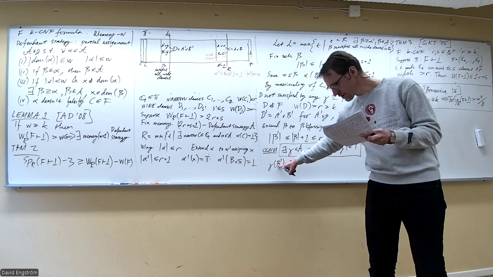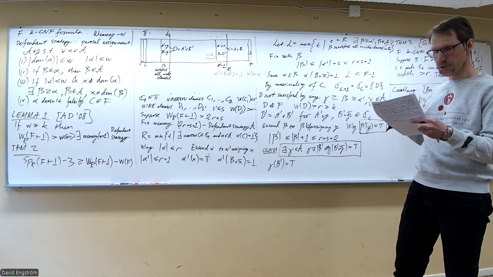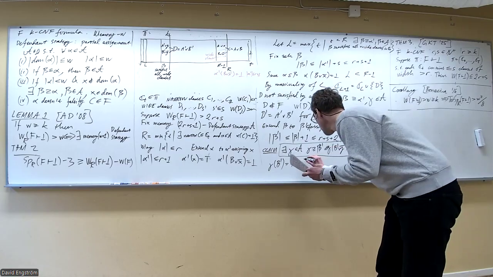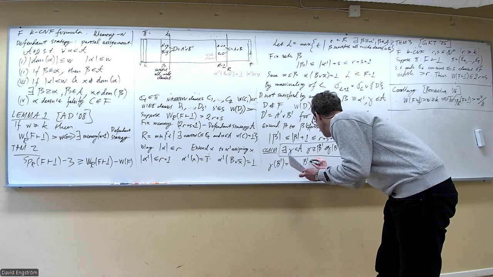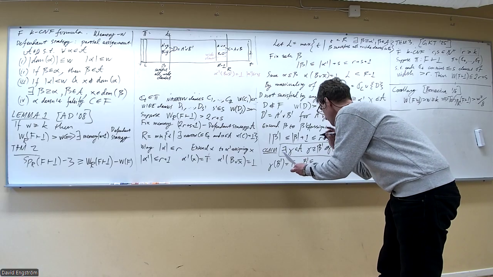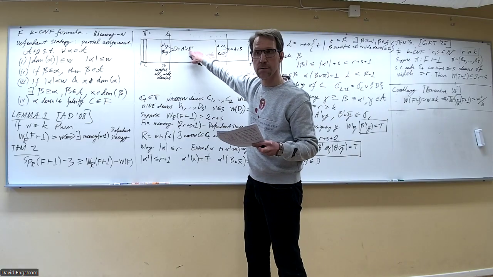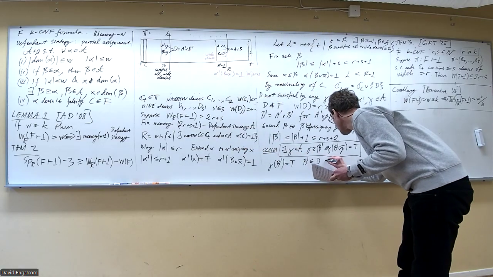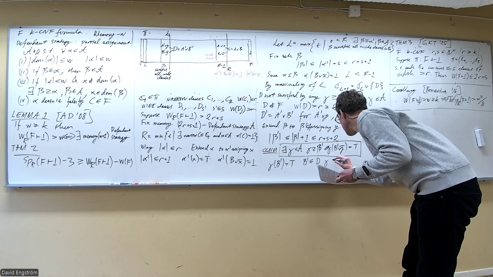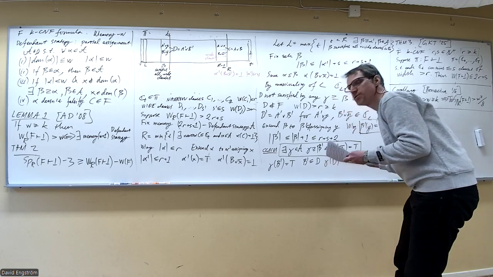Okay, so gamma sets the clause b prime to true, but b prime is contained in D, right? So then gamma, in fact, sets D to true.